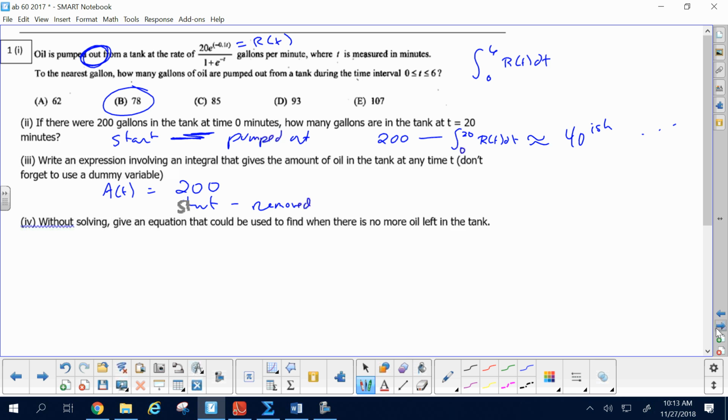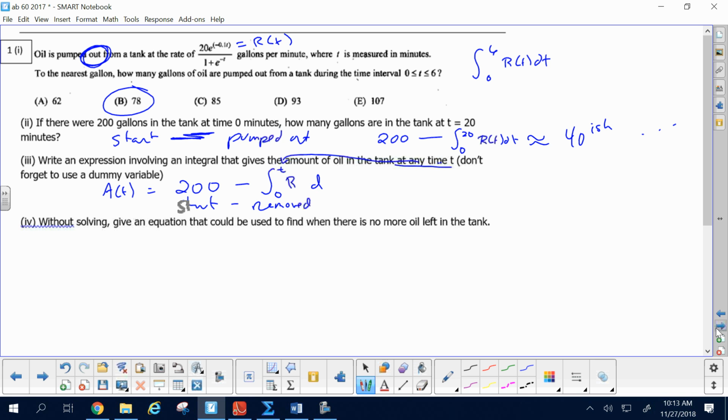But how much is removed is a bunch of rate times time calculations. It's pumped out at R gallons per minute, times a few minutes, from the starting time 0 up to any time t. Now, any time t is the end of the time interval, from time 0 to some time.